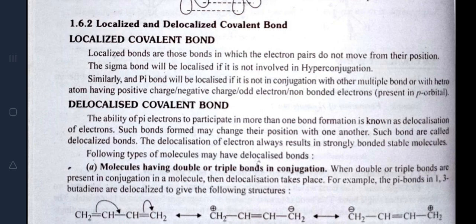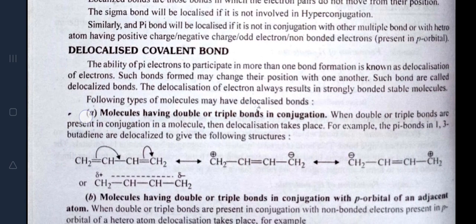The delocalization of electrons always results in strongly bonded, strongly stable molecules having double or triple bonds in conjugation. When double or triple bonds are present in conjugation in a molecule, then delocalization takes place. For example, the pi bonds in 1,3-butadiene are delocalized to give the following structure like this.